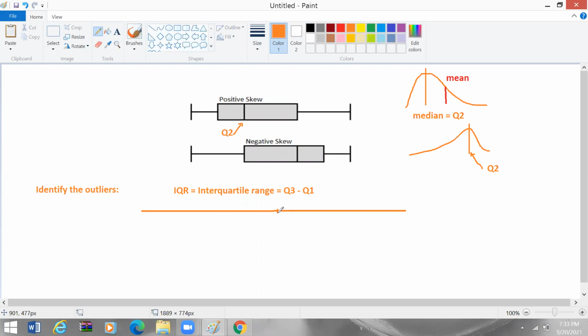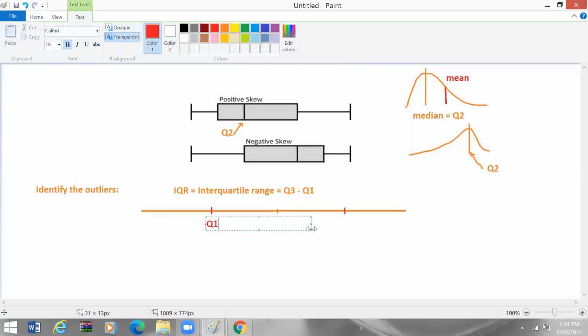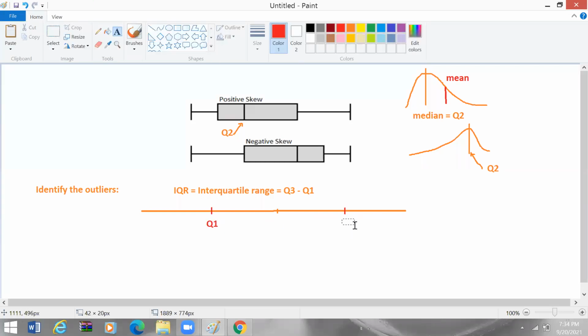We're going to use Q1 right there, and Q3. So the interquartile range is the difference between Q1 and Q3. It's going to occupy about the middle 50% of the data set.